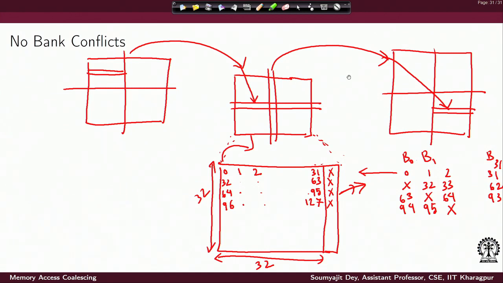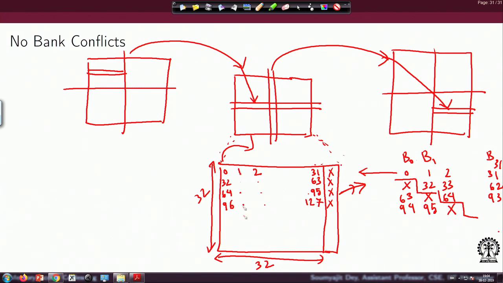All this data was going to bank 0, right: 0, 32, 64, 96, all were going to bank 0. But now what is the location? As you can see, 0, 32, 64 like this, it is all now distributed across the banks, up to the end. They all get out with a load 1, right.